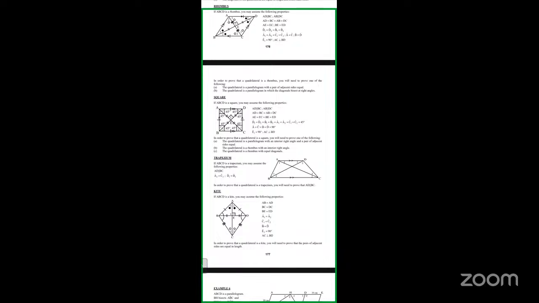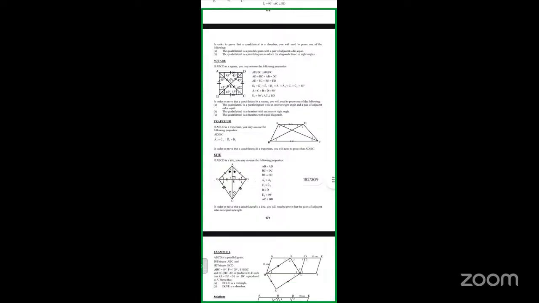If ABCD is a kite, you may assume the following: those upper lines AB and AD are equal, and those bottom ones, BC and DC, are equal. And that horizontal diagonal is being bisected by the vertical one.